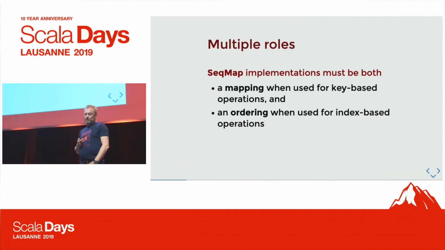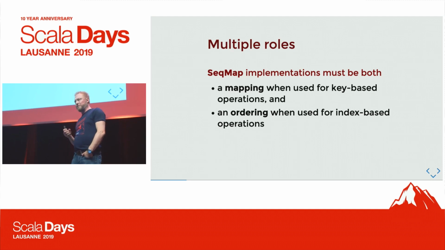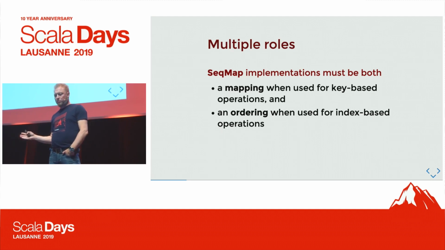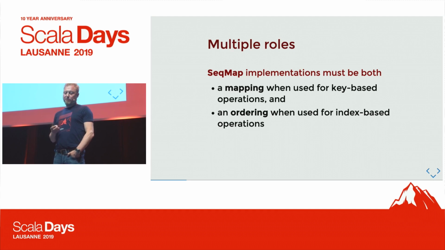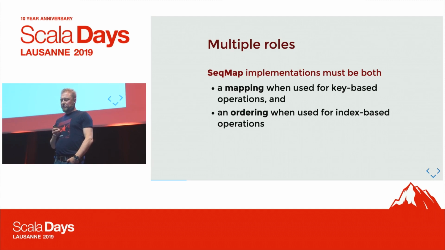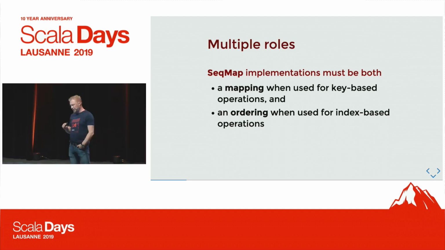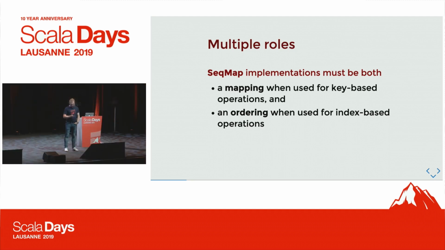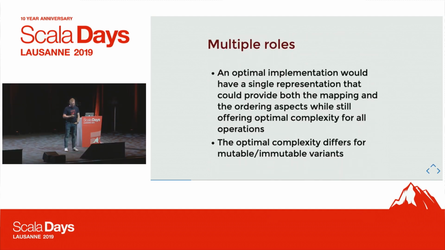The basic thing with the SeqMap is that it fulfills two separate roles. It's a mapping when used for key-based operations, such as lookup and other stuff. And it's also an ordering, so there's an index-based mechanism to look up or iterate through something. You need to fulfill both those roles.